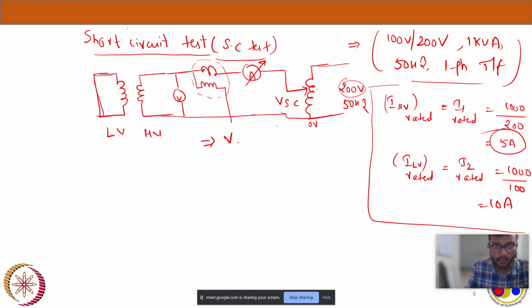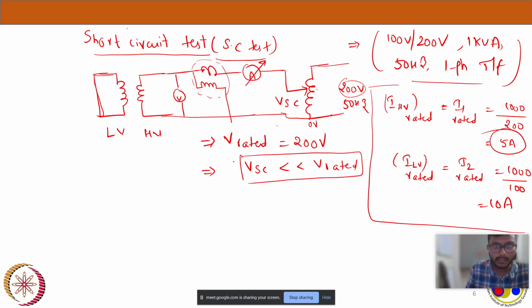I know rated voltage is 200 volts, but I have applied only VSC, that is very much less than rated. This is very important, you have to keep in mind. My short circuit voltage is very less compared to rated. I am not giving rated voltage.